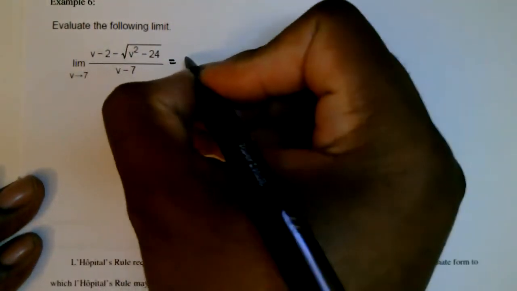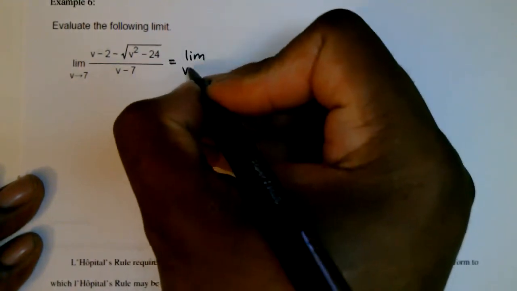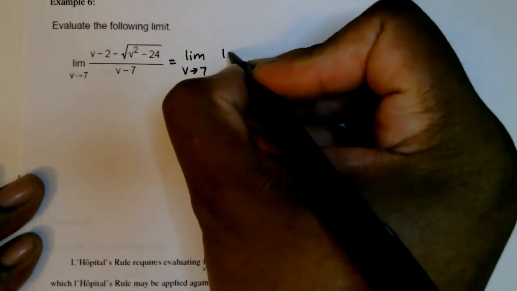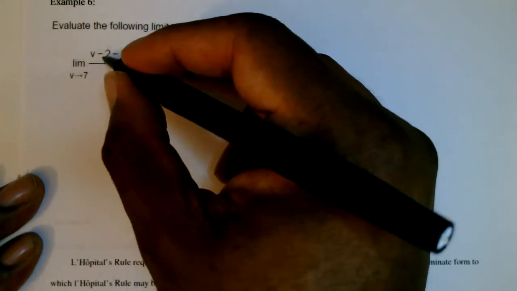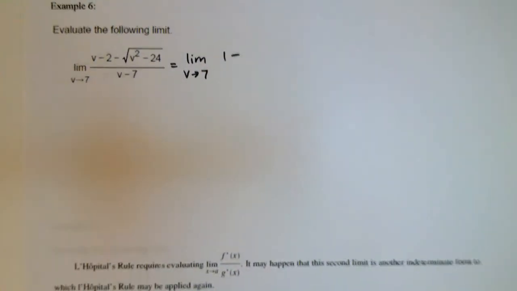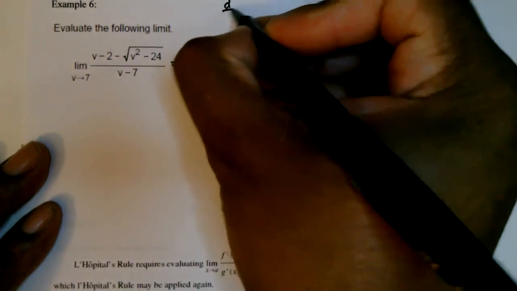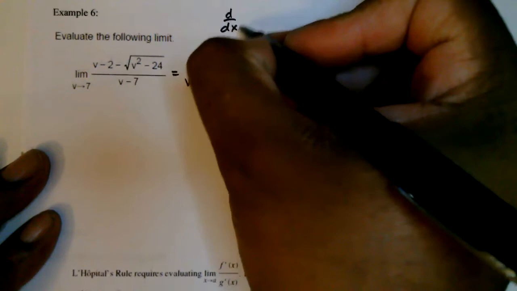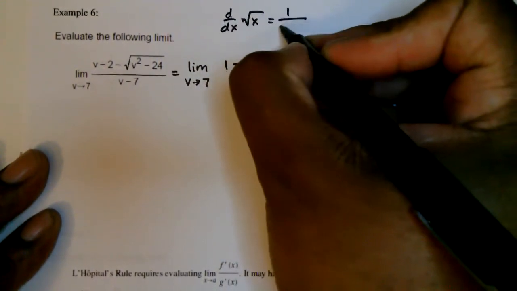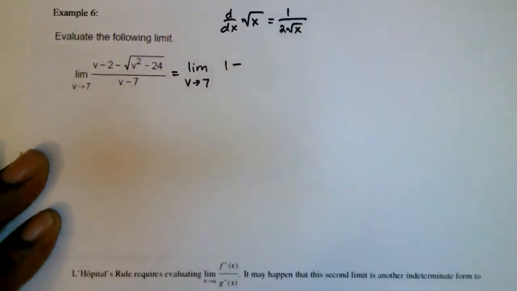All right, so let me write the limit as v approaches 7 and take its derivative. The derivative of v is going to be 1. The derivative of a minus 2 will be 0. And then I have the minus in front of that. The derivative of the square root of v squared minus 24. Well, I know this: if I take the derivative with respect to x of the square root of x, that ends up being 1 over 2 square root of x.